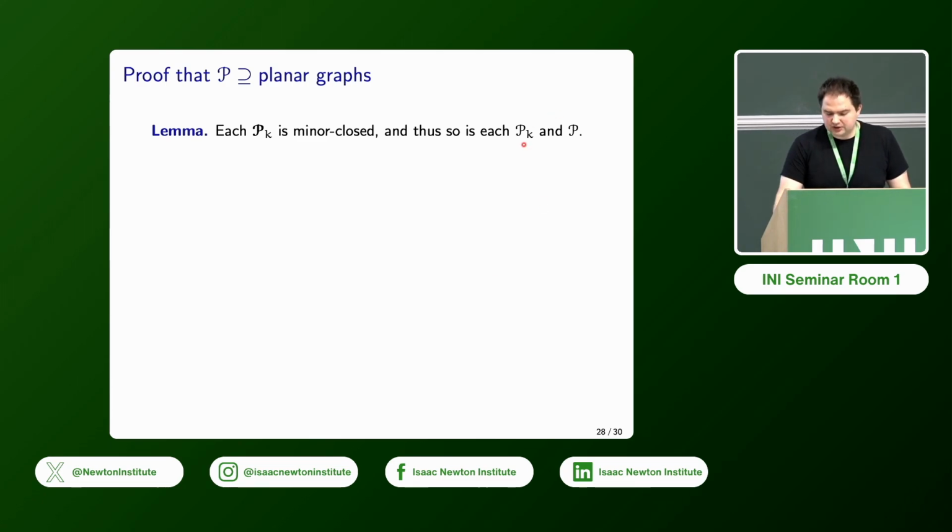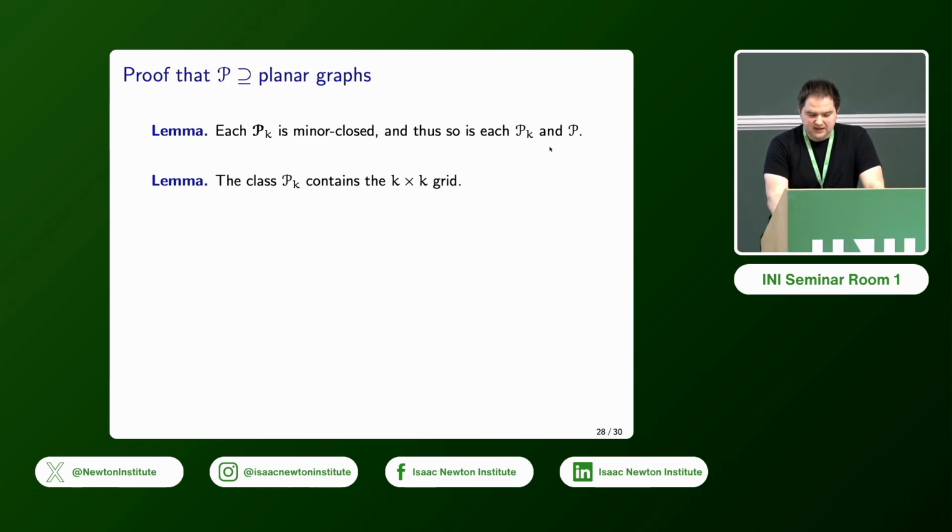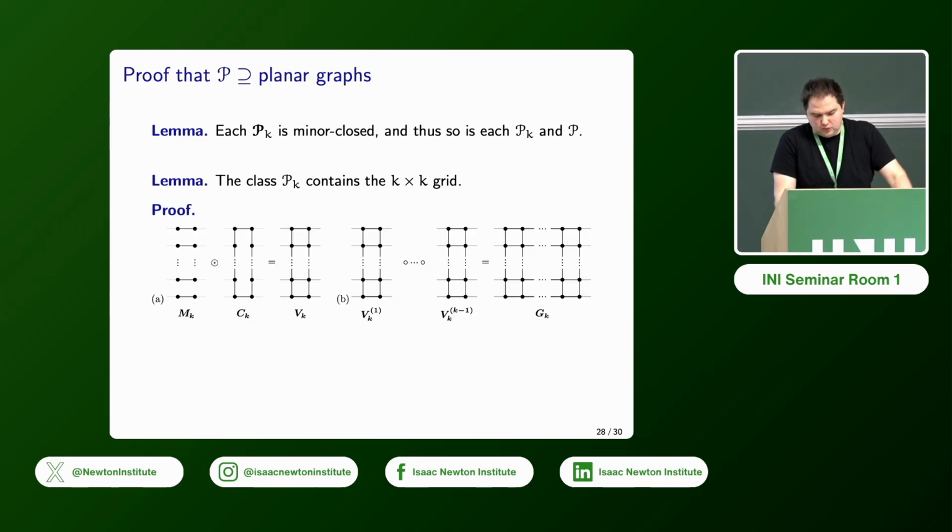All of the other classes are closed under minors, and we can show that the class PK contains the K times K grid. It is well known that every planar graph is a minor of a sufficiently large K times K grid. That's a well-known thing in combinatorics.